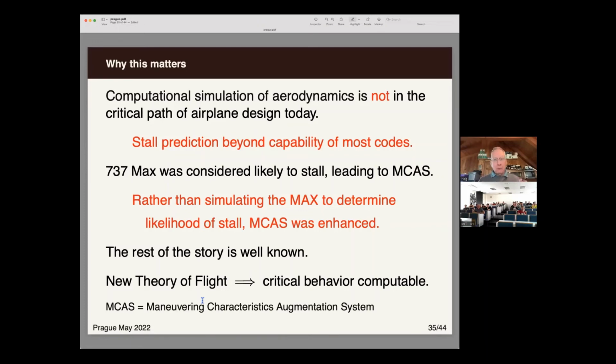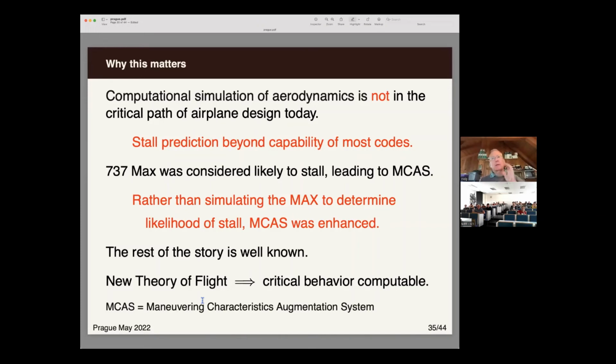Not the codes developed by Johnson and his coworkers, but most codes adopted by Boeing, NASA, Airbus, and others, can't predict stall. Stall is what happens when an airplane tilts too high up and it loses lift and it falls straight to the ground. And okay, so that happens.